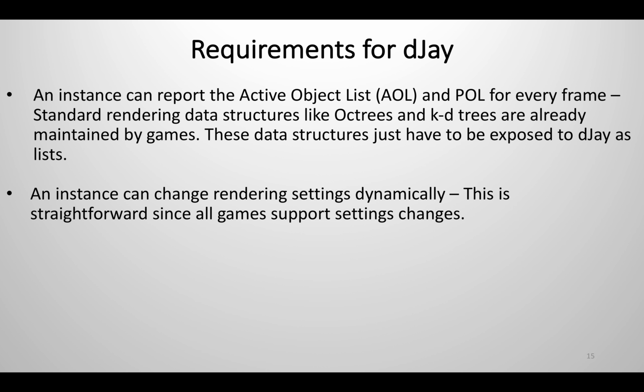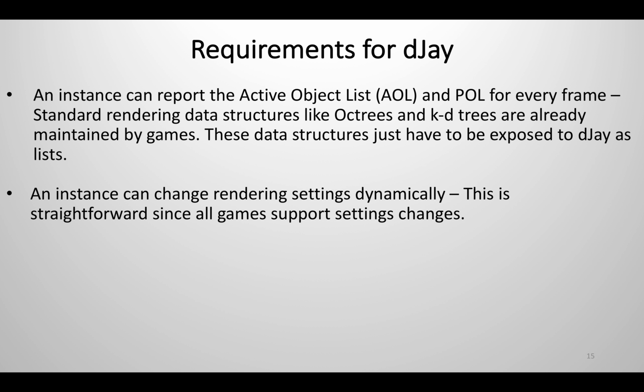Now we have some requirements that are needed for DJ. First, for any instance, we need an active object list, AOL, and the POL for every frame. Then it uses the standard rendering data structures like octrees and KD trees, which are already maintained by the games.